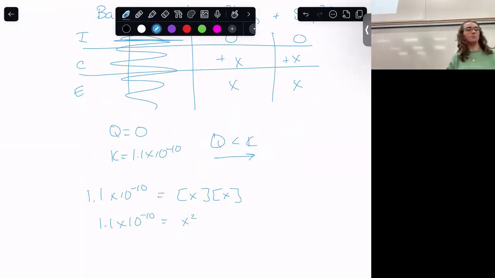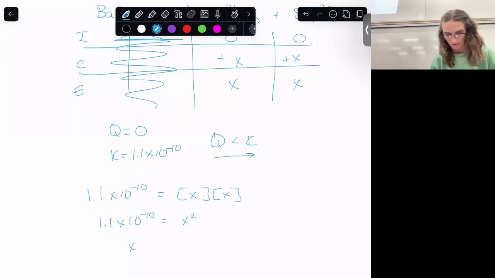And then you can just square root for both of them. I think it's like 5.55. Yep. So this X becomes 1.05 times 10 to the negative 5.